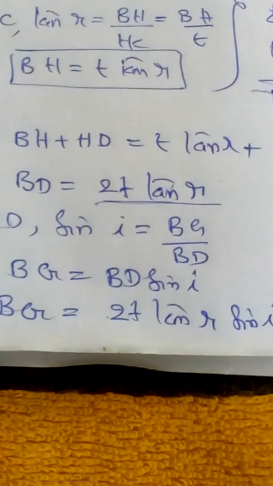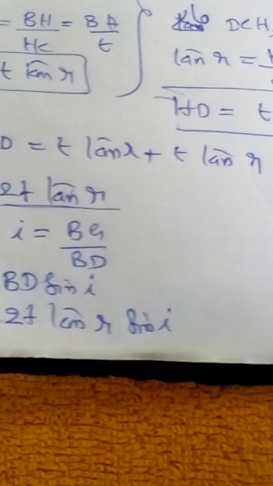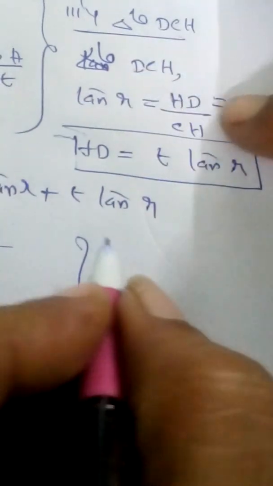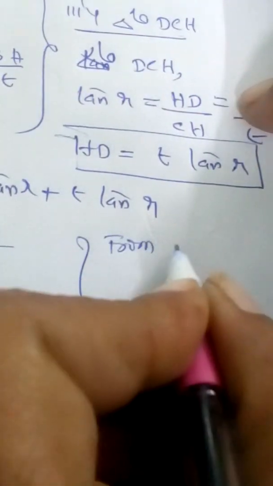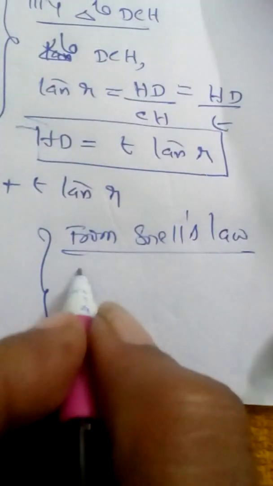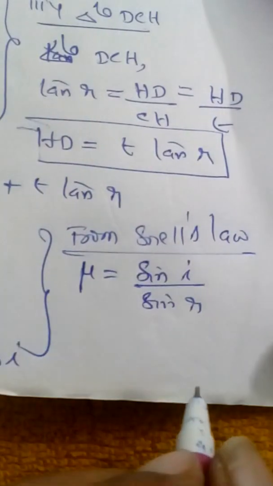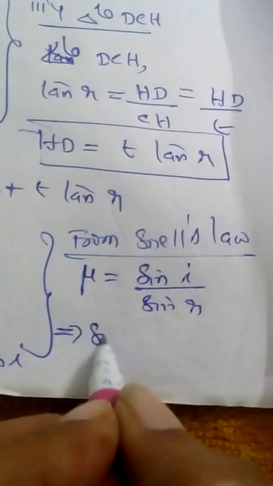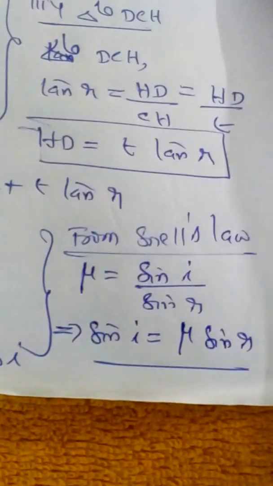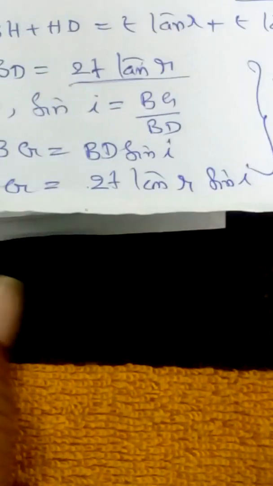Got the value? Having got the value of BG, also try to understand that from Snell's law in light, we know that refractive index mu is equal to sin I by sin R. This is a ratio. So sin I is equal to mu sin R. Got it? This value of sin I we will substitute here.